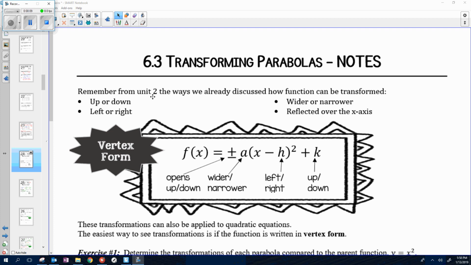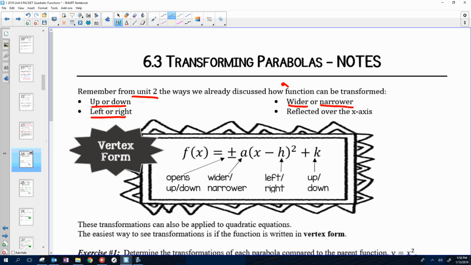Remember from Unit 2, if you wanted to look back in your packets you could, the ways we already discussed how a function can be transformed. It can go up or down, left or right, wider or narrower, and reflect over the x-axis.